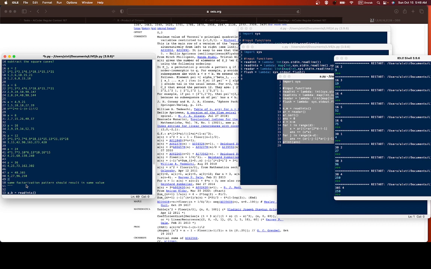And this is just 2 times 2 times 1, 3 times 3 times 3, 4 times 4 times 6, 5 times 5 times 10. So the next one would be 6 times 6 times 15, and so on. That's what we can expect out of that.